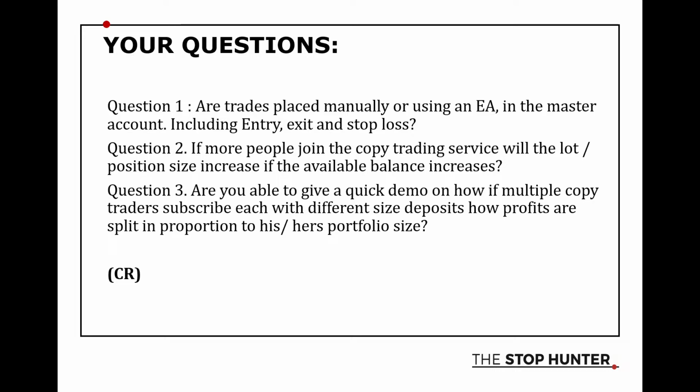Question number 3, are you able to give a quick demo on how, if multiple copy traders subscribe, each with different size deposits, profits are split in proportion to their portfolio? It's sort of like question 2, really. If, for example, we've made, let's think of one off the top of my head, £10,000, and there are 2 people in the fund, both with £100,000 each.